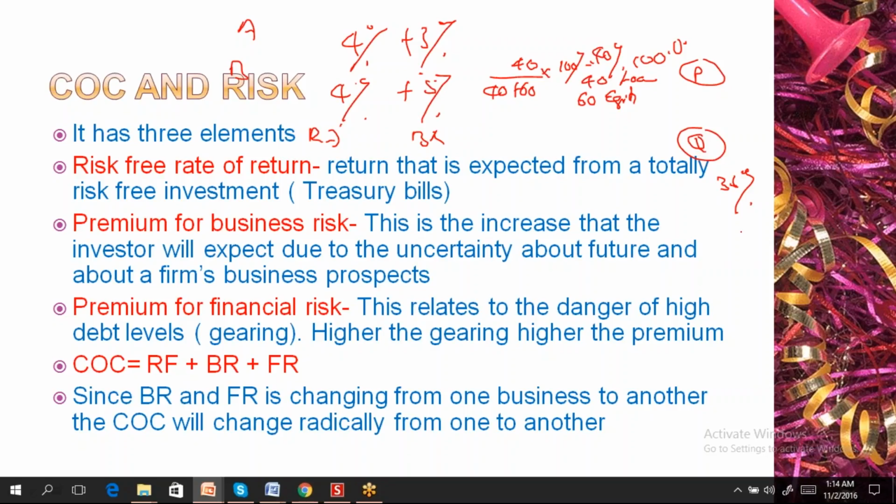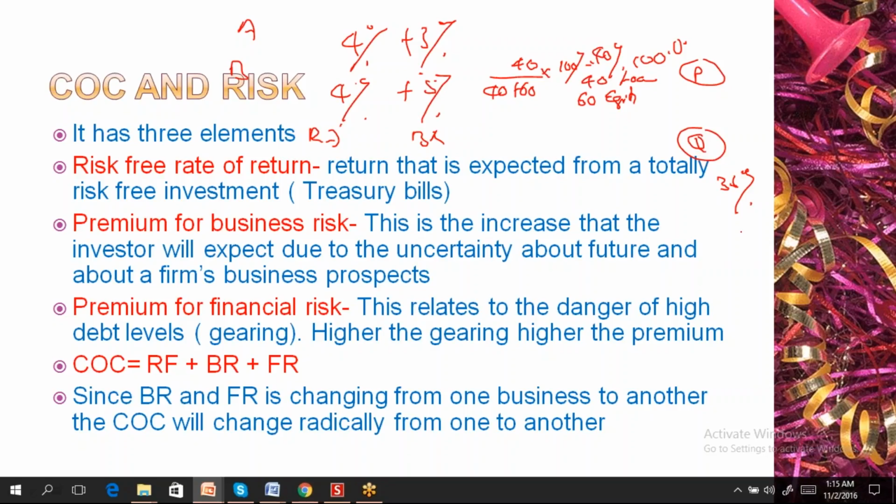Yeah, because what you are trying to say is in company Q, we have 35% funds, so we can deduct only the interest on 35% of funds. In company P, we can deduct the interest on 40% of funds. Yes. In that case, I'm wrong.